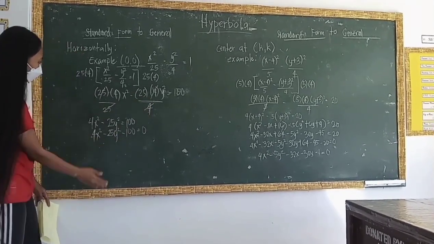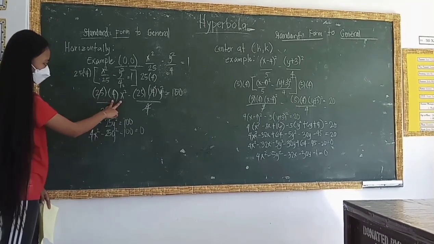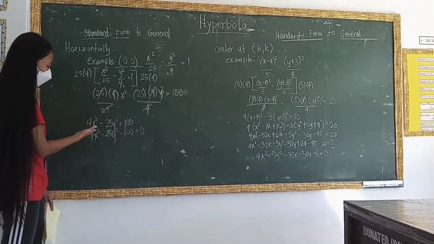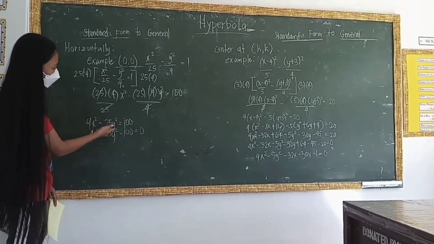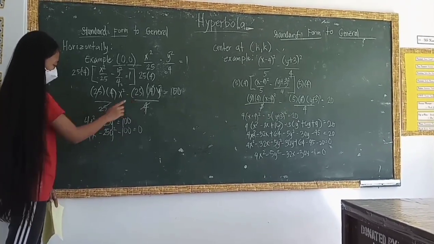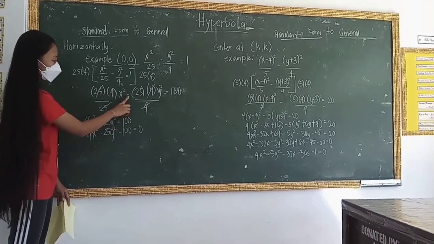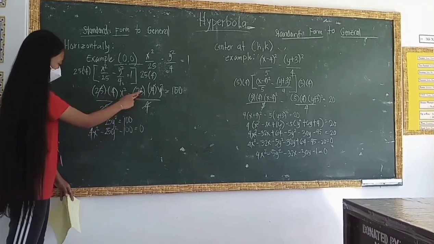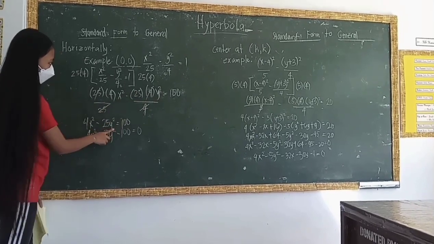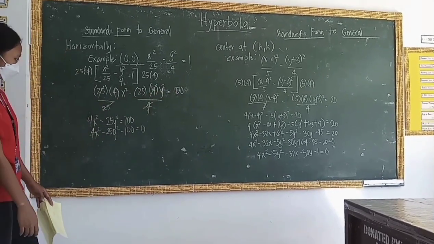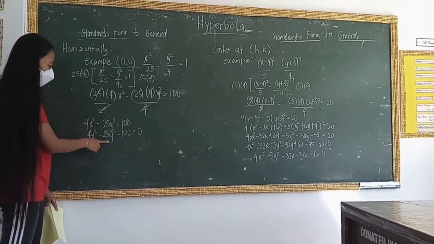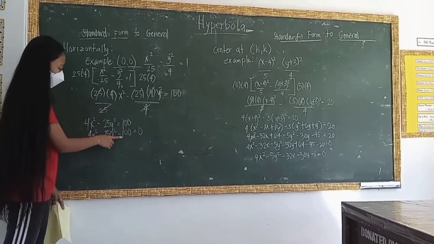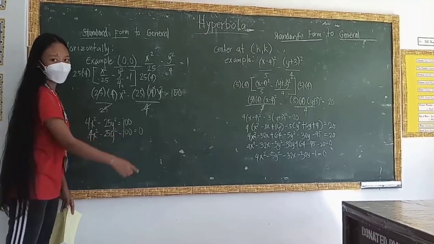So it will become 4x squared minus 25y squared, we write minus because it is negative 25, is equal to 100. So it will become 4x squared minus 25y squared minus 100 is equal to 0.